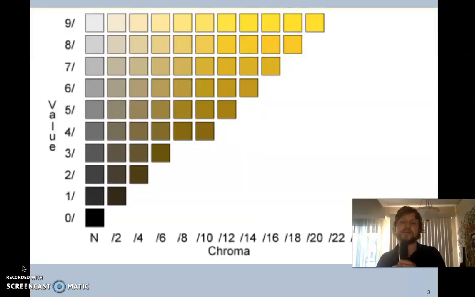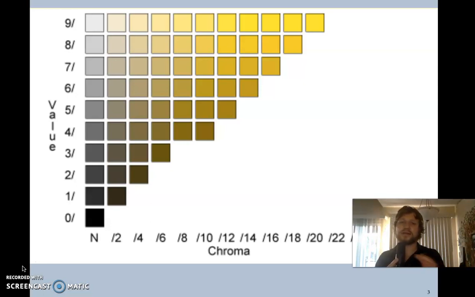Okay, so if this is a little hard to understand at this point, maybe this chart will help. This is a Munsell chart. And what's going on is the further you go right, the more intense the color is getting. The value dimension is up and down. It's all just one hue, so the hue dimension is just baked in the cake. And as you go further right, you're getting more and more intense.